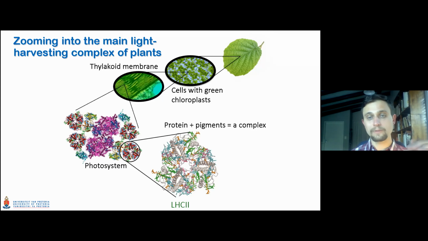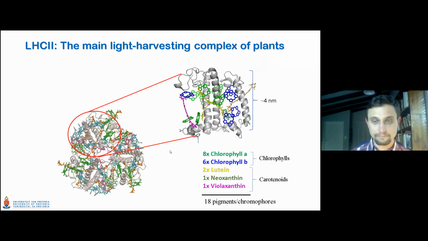On the top of the food chain, virtually all other organisms are dependent on these systems that can make their own food. Okay, and then at the heart of this process are these light harvesting systems. This is a protein which is densely packed with pigments. Pigments are the chromophores, which I have listed in this slide.